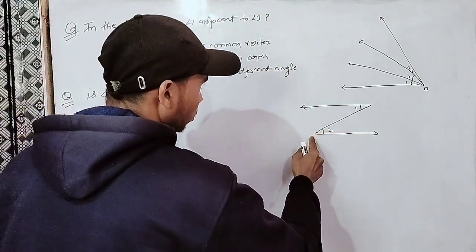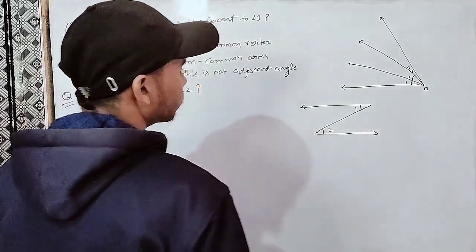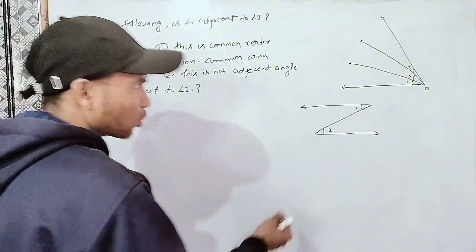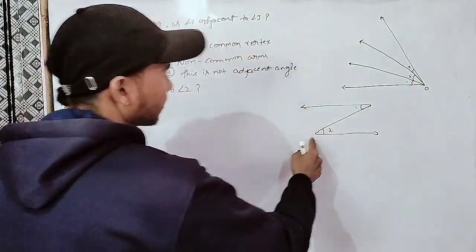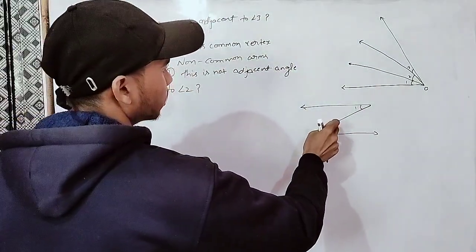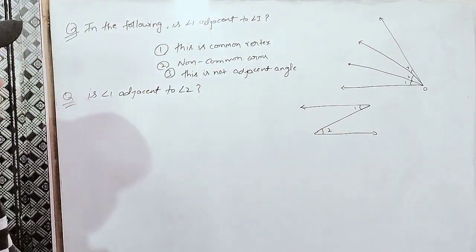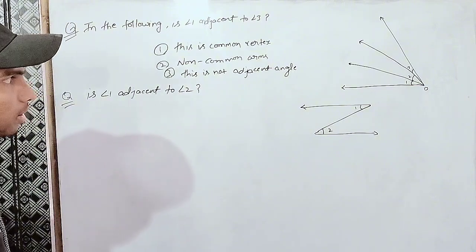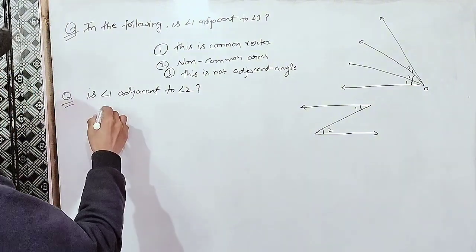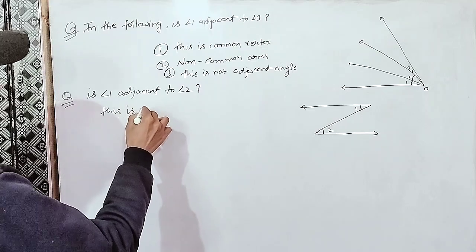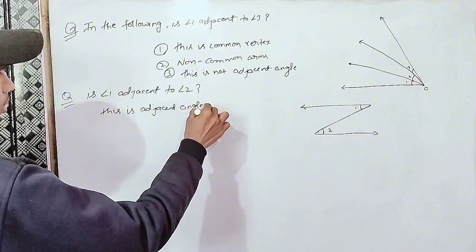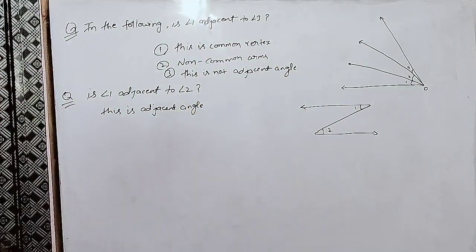We have a common vertex, a common arm, and an opposite non-common arm. This is adjacent. Shall we move on to the next?